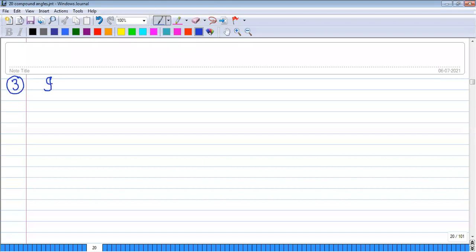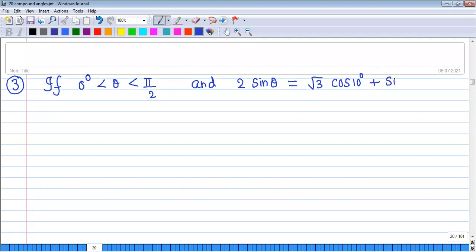If 0 degrees is less than theta, theta less than pi by 2, that means theta lies in the first quadrant. All trigonometric ratios are positive. You remember that one. And 2 sine theta equals root 3 times cos 10 degrees plus sine 10 degrees.